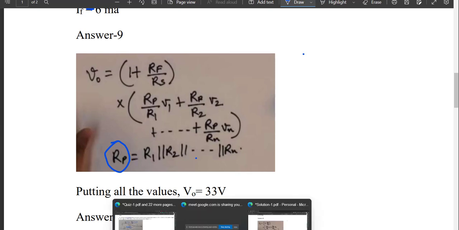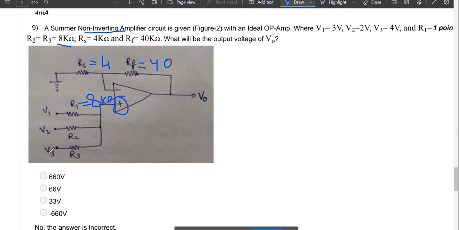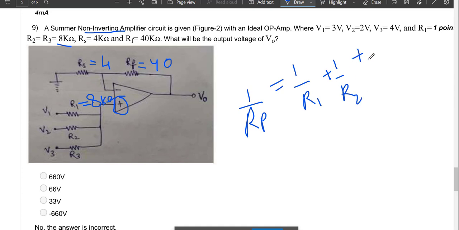RP here is the resultant parallel resistance of all these resistors in parallel. So 1 upon RP is 1 upon R1 plus 1 upon R2 plus up to 1 upon Rn. Since R1, R2, R3 are all equal, 1 upon RP becomes 3 by 8.